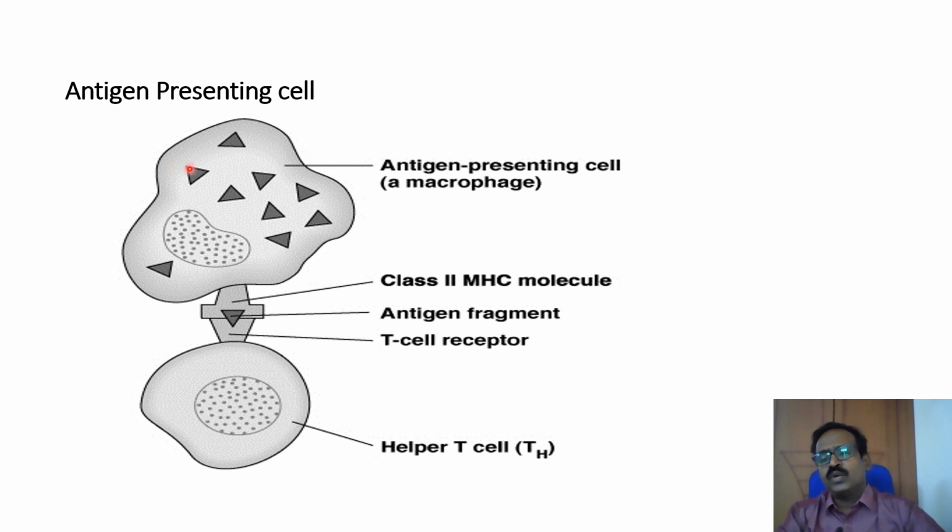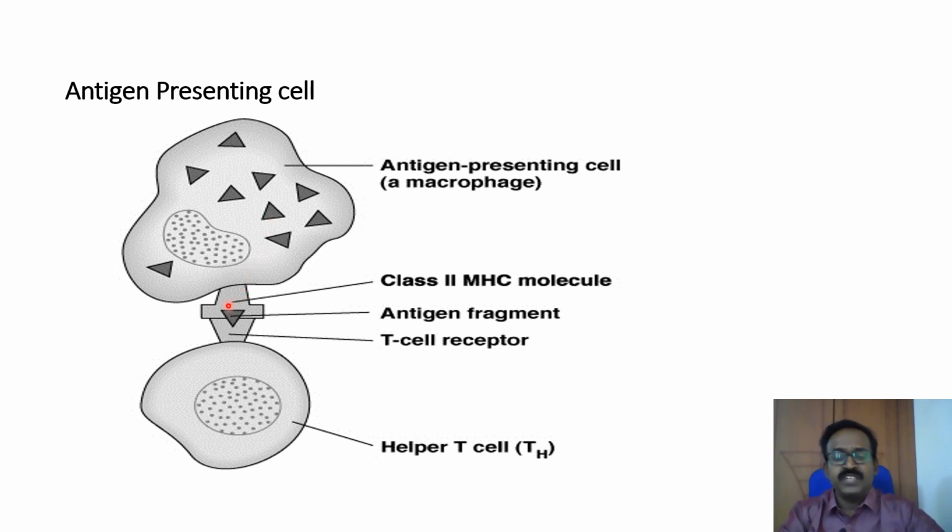When a microorganism enters the human body, it is engulfed by the antigen presenting cells, and the antigen is broken into peptides within them. This antigenic fragment is presented on the surface of the antigen presenting cells.